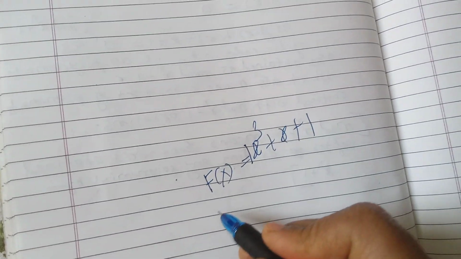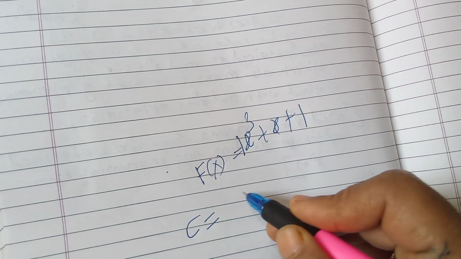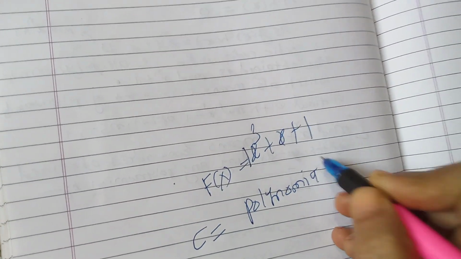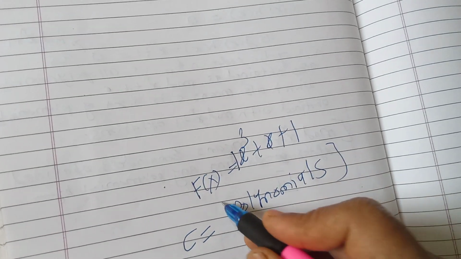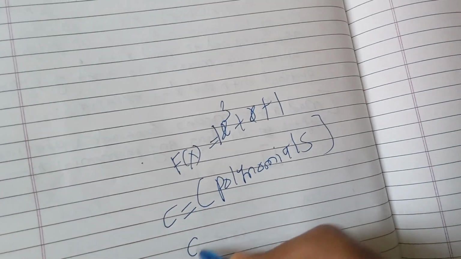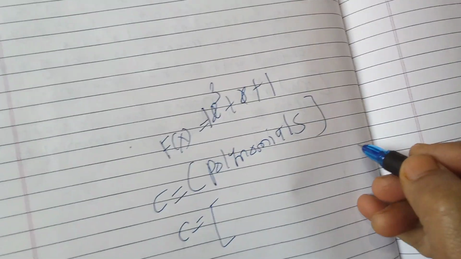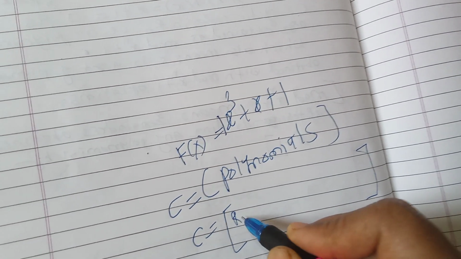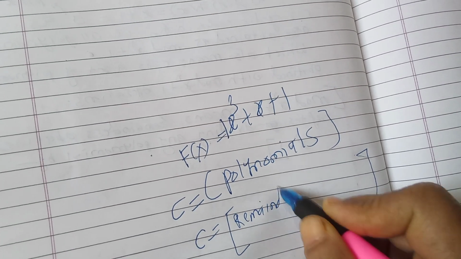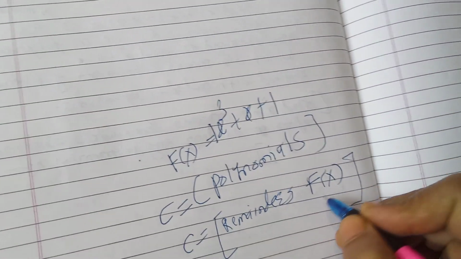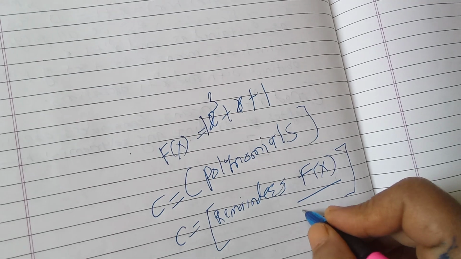Okay. Now in C, you know that there are polynomials, because a cyclic code can be represented as polynomials as well as in terms of bits. Now in C, what is the feature of these polynomials? These polynomials are nothing but the remainders obtained by dividing f(x), any polynomial, by x raised to n plus 1.